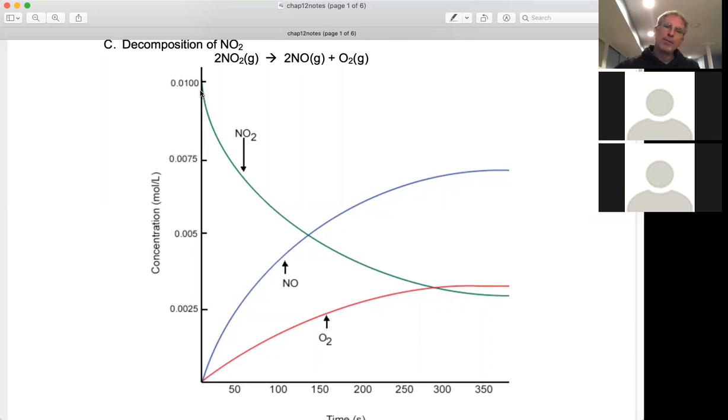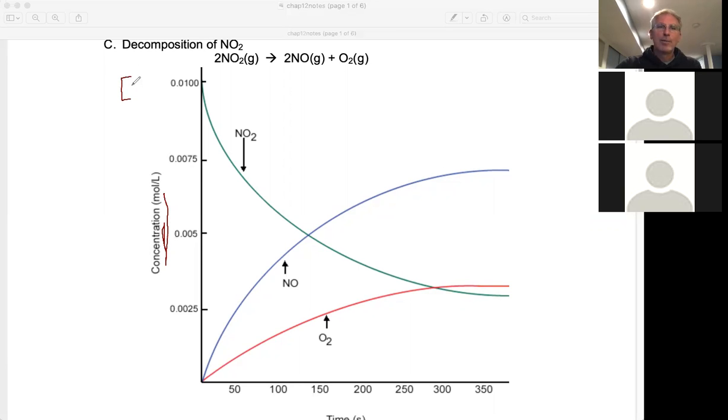So let's back up even further. On this side, we've got a concentration axis. So this is 0.0025 molar, 0.005 molar, like this. A lot of times you'll see this written in shorthand, where they'll just write brackets.